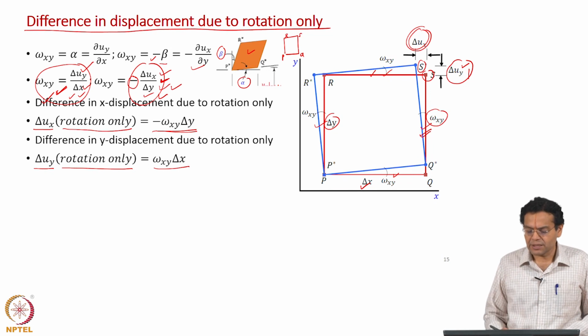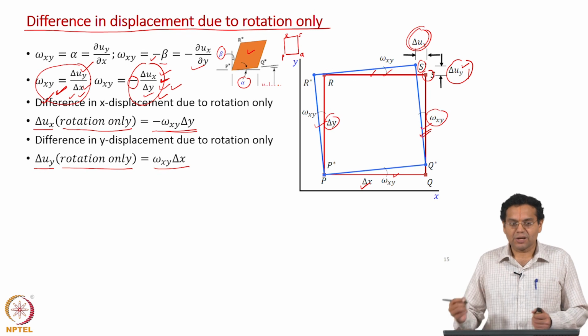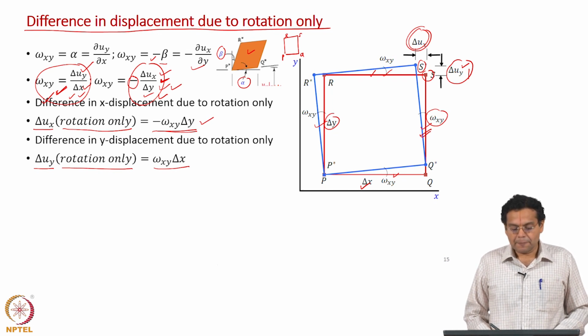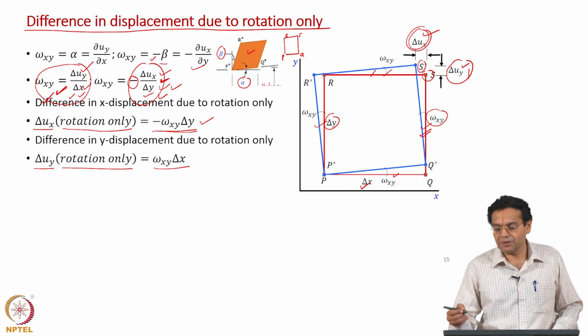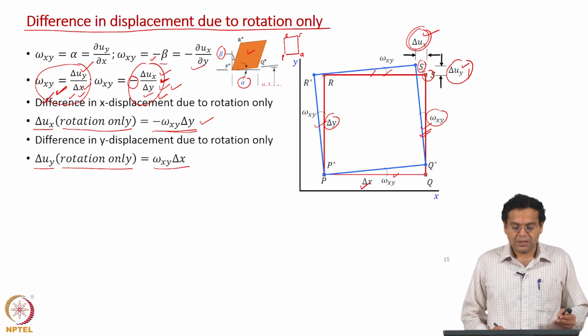Just as a quick check, in this particular case is omega xy positive or negative? Anticlockwise rotation, omega xy positive. Okay. So, now let us take this equation, omega xy is positive, delta y is positive, delta u x is negative, delta u x is indeed negative. We should get a negative difference in x displacement. So, that is only a cross check.